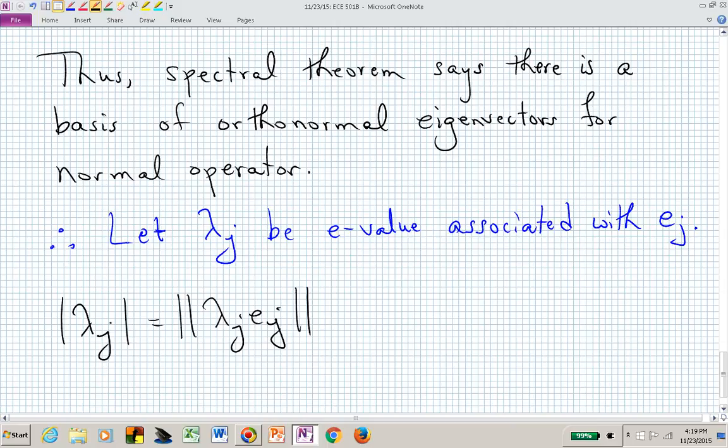This is allowed because E sub j is an orthonormal vector.